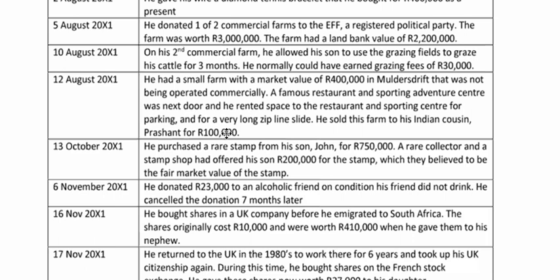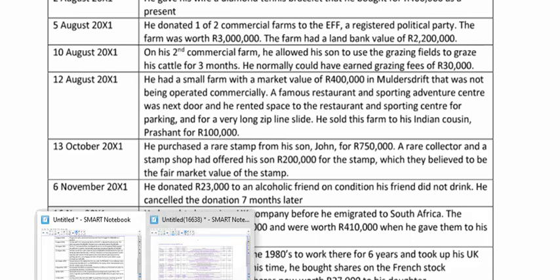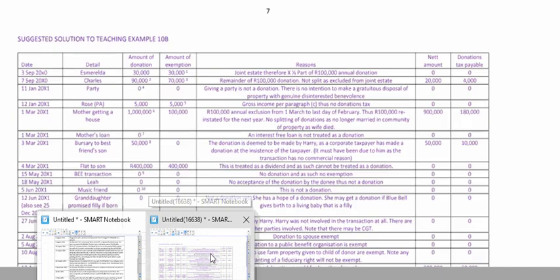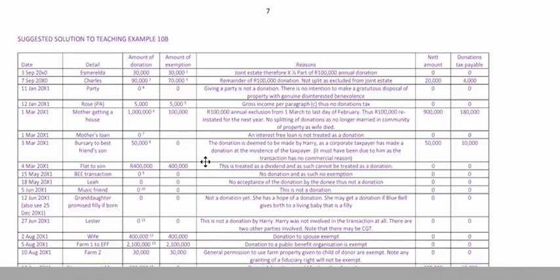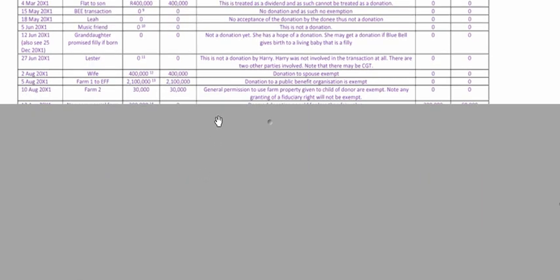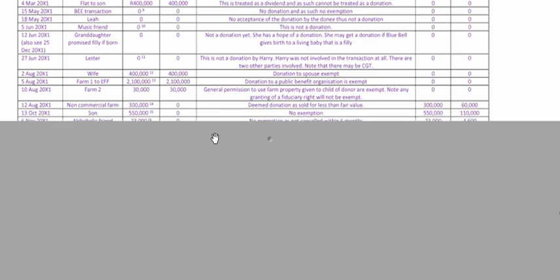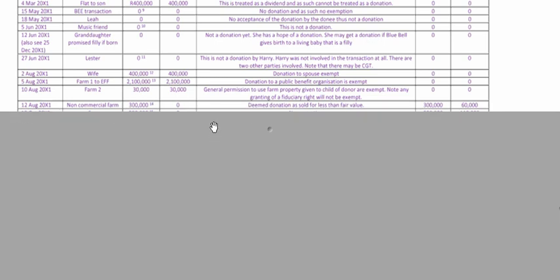Sold it for 100. 300,000 is the deemed donation in terms of section 58. What's going to happen with this? We don't times by 70%. Why? Because this is not a commercial farm. So there it is, non-commercial farm, 300,000. No exemption, and there's going to be donations tax payable at 20% on it.